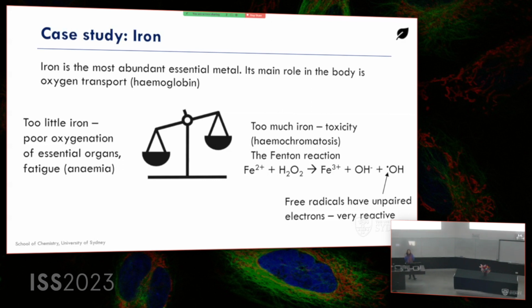And free radicals have an unpaired electron, they want to get rid of that unpaired electron, so they will react with whatever they find next in the body. And often that is DNA, which causes DNA damage, potential mutations, or it's proteins, which cause breakdown of the function of the cell, or it's lipids, which cause the cell itself to break open. So this Fenton reaction is highly damaging in the body, and this is why we can't have too much iron.